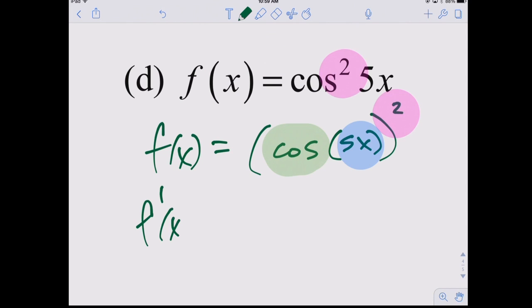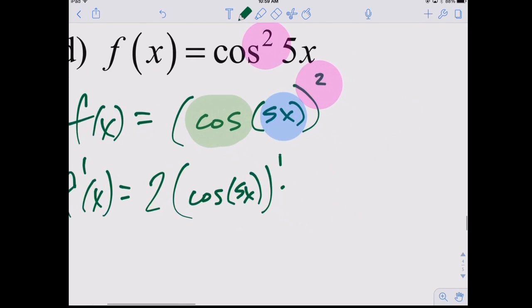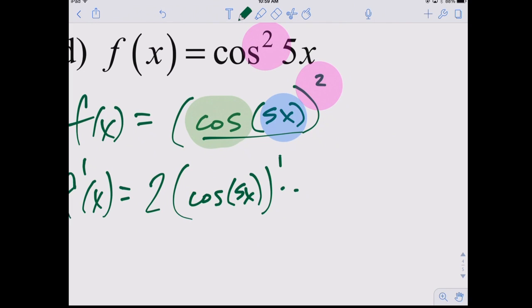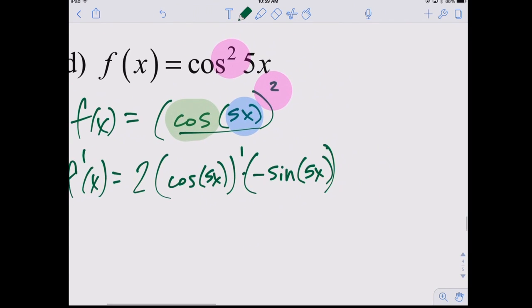Working from the outside in then, blob squared becomes 2 blob to the first, and that's cosine of 5x, times the next layer, the derivative of cosine of blob, which is negative sine of the blob. And again, what's my opinion on dot negative? I don't like it. I've seen too many students make careless mistakes, so put parentheses. And then times the innermost layer, the derivative of 5x, which is 5.